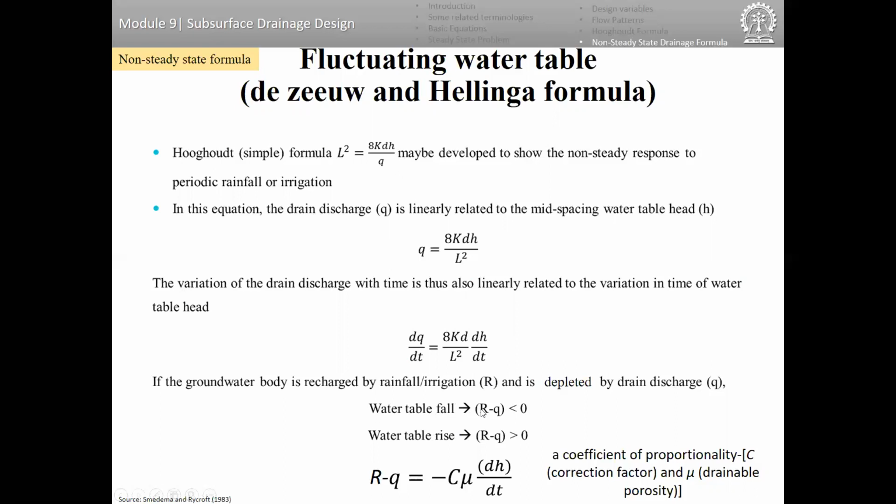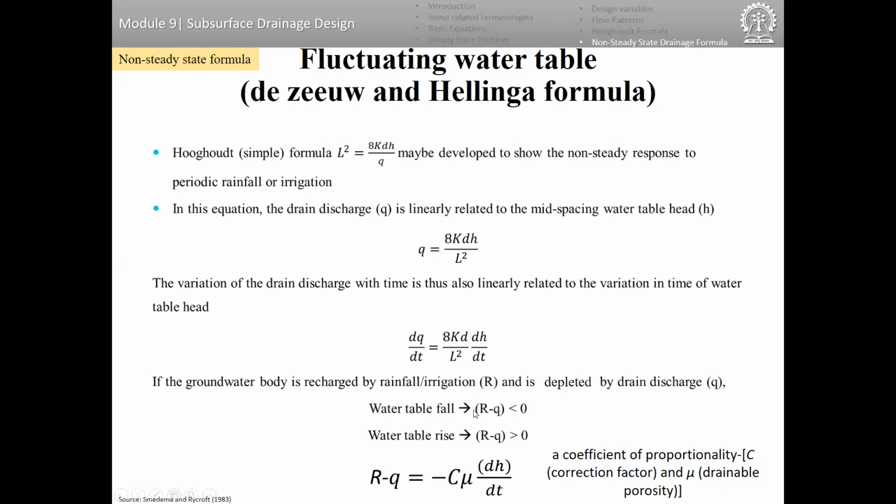If recharge is smaller than the discharge, here Q is discharge, or we can say R minus Q is less than 0, then the water table will fall. When R minus Q is greater than 0, meaning recharge is more than discharge, then the water table will rise. So we can come up with this kind of expression.